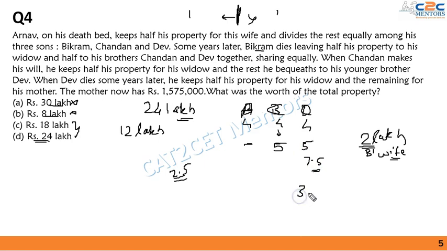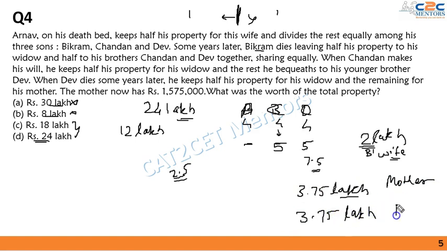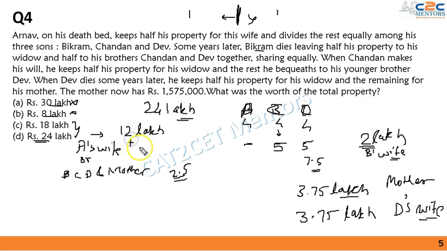So half of this is nothing but 3.75 lakhs to mother and 3.75 lakh to D's wife. So the net property given to A's wife, or B, C and D's mother, both of them are the same. So 12 lakh plus 3.75 lakh is nothing but 15.75 lakh, which is provided to us in the question. So option D is correct.